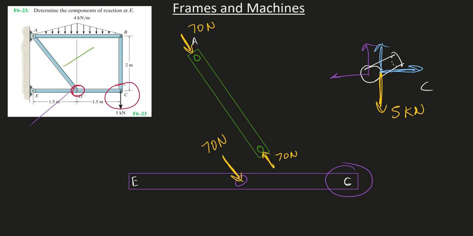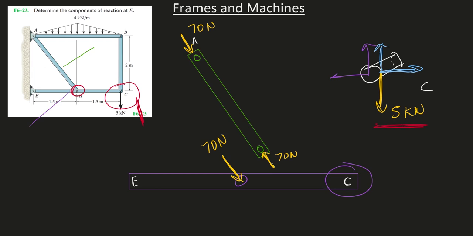So here, this is where it gets dangerous, and this is why frames and machines problems are very tricky. You've really got to break it down in these particular situations and run it through that pin to figure out exactly what's going on. Force is not being transmitted equally here.